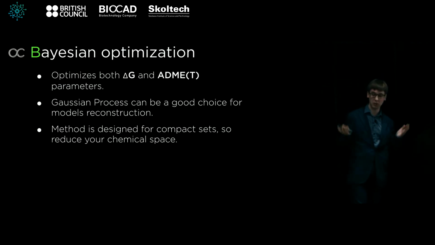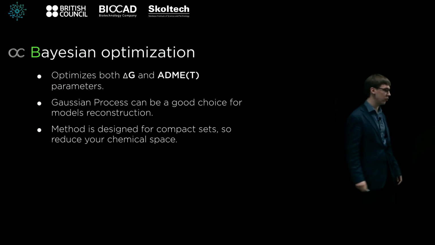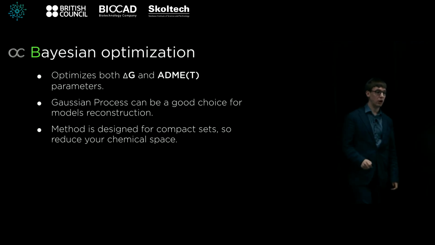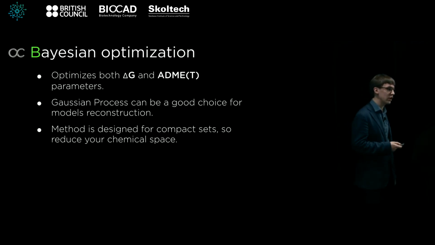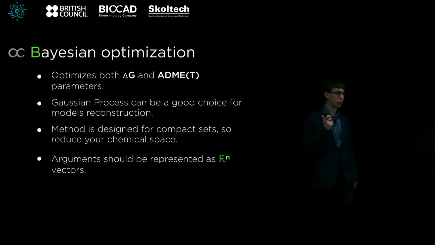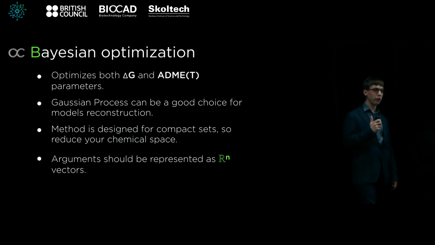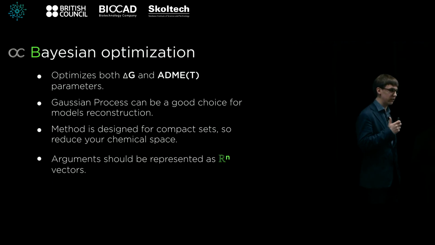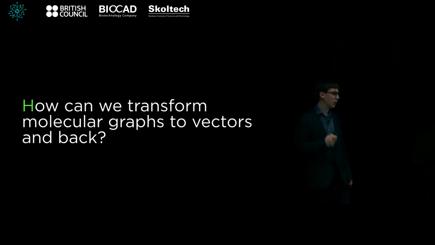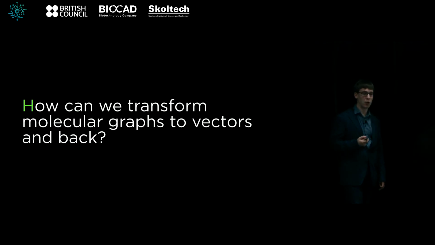It may be huge, but not the whole chemical space. And at last, our algorithm arguments should be represented as n-dimensional real vectors, and this is a real problem, because our molecules are not real vectors, they are graphs. And here we face the next problem: how can we transform our molecular graphs to n-dimensional real space vectors and back?